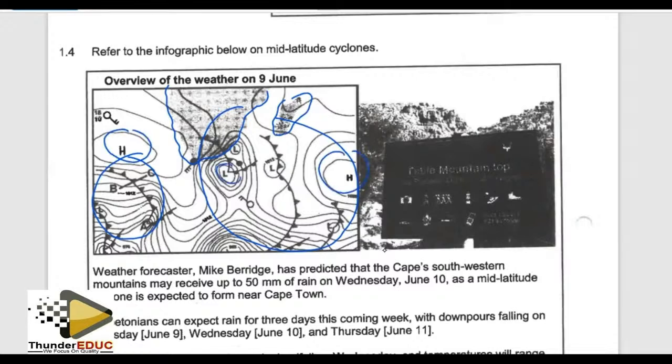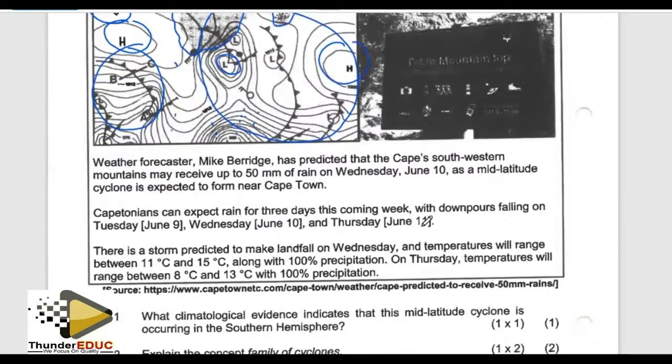These are MLC, of course, they are low pressure cells. These are isobars. You can see a steep pressure gradient here. There's a stationary front here. So always try to analyze the infographics and as well read the information that is indicated. Okay, so let's go straight to the questions.